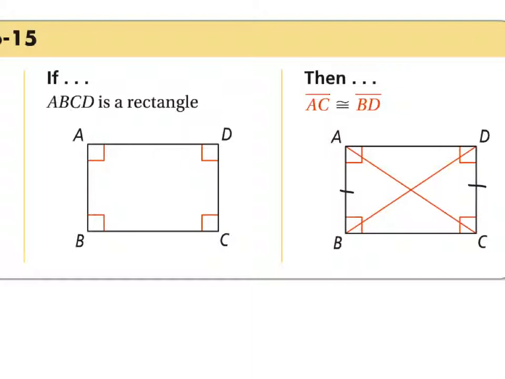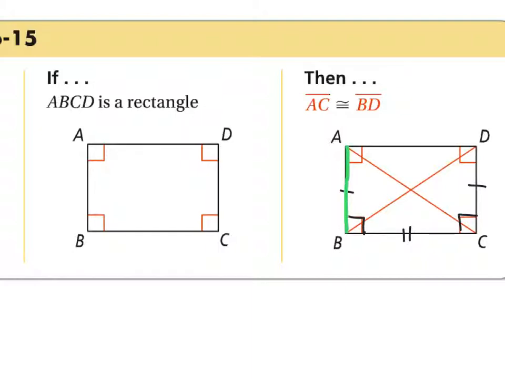So I know that AB is congruent to line segment DC. And line segment BC is the same length as itself, I'm going to say. I know that I have a 90-degree angle here and there. So I want to look at a couple of triangles.